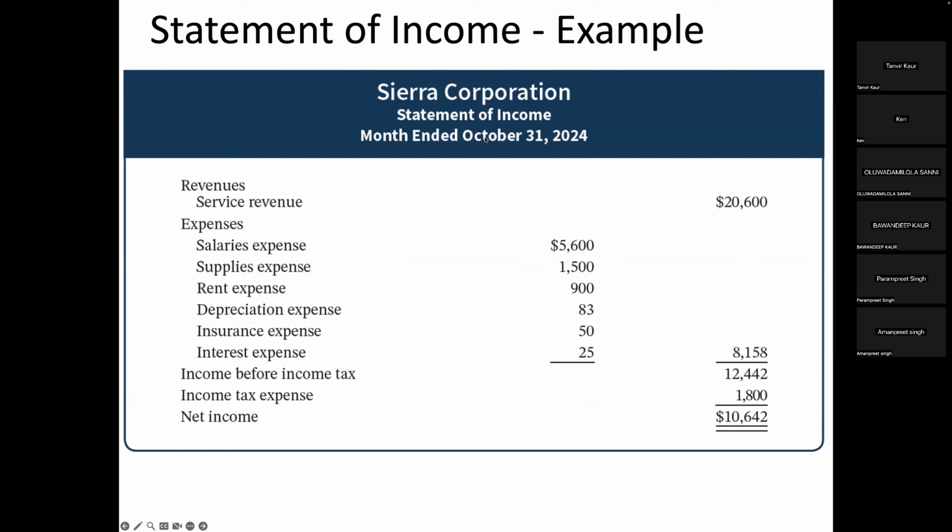There are three lines on the header, and then how they line up the different accounts. What are the major line items you need to know? So just familiarize yourself with this example. In the future when you prepare a statement of income, you're going to follow the same format.